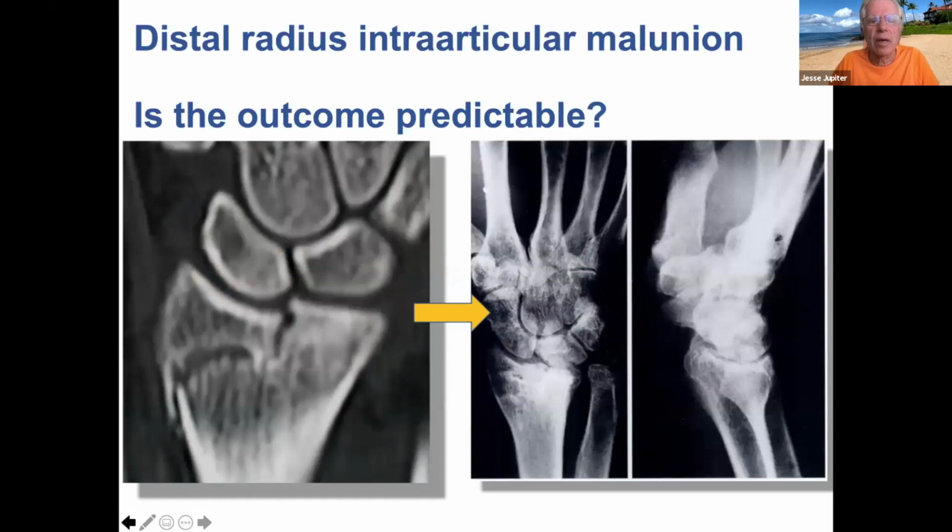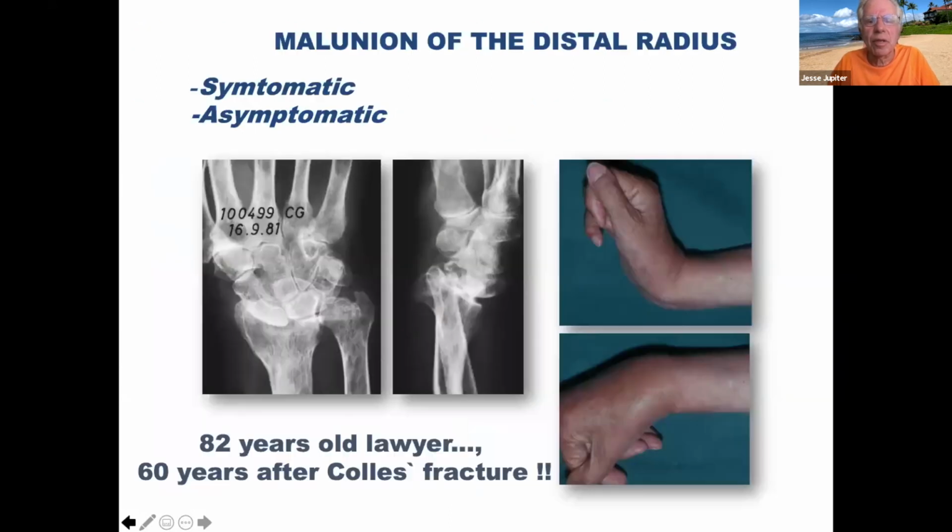As we heard from the initial presentation of Dr. Cassidy, is the outcome always predictable? We've all seen these patients that show up with deformity, awful looking x-rays, and are virtually asymptomatic.